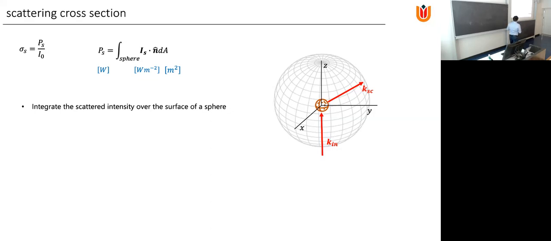So we integrate the scattered intensity over the surface of the sphere. Now, to find the scattered intensity, we first have to find the scattered electric field. And then, if we have the scattered electric field, we can calculate the intensity by this product: the field multiplied by its complex conjugate.